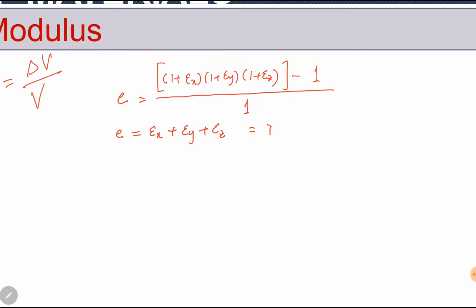This is dilatation, or change in volume per unit volume.